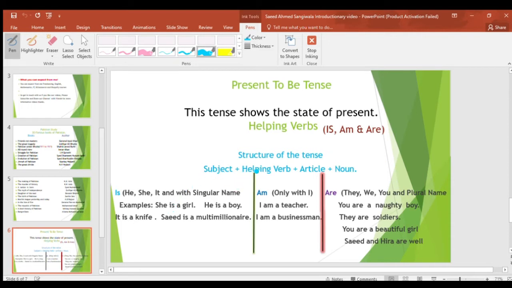Is is a helping verb. A is an article. Girl is a noun. She is a girl. He is a boy. It is a knife. Said is a multi-millionaire.